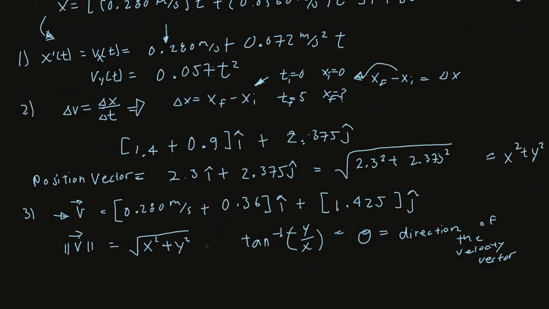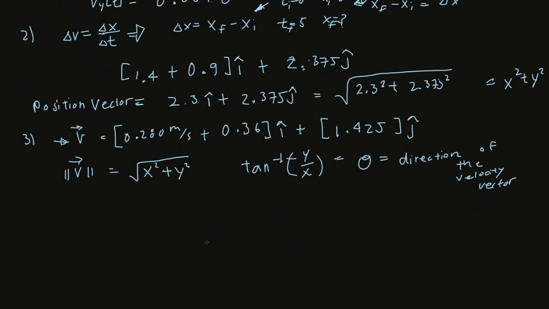And another way to look at this: how do we know that we're using arctangent to find the direction? Well, when you add up the 0.2 plus 0.36 for the x component, we'll get something like this. So x and y. Let's say this is 2 and this is 4.